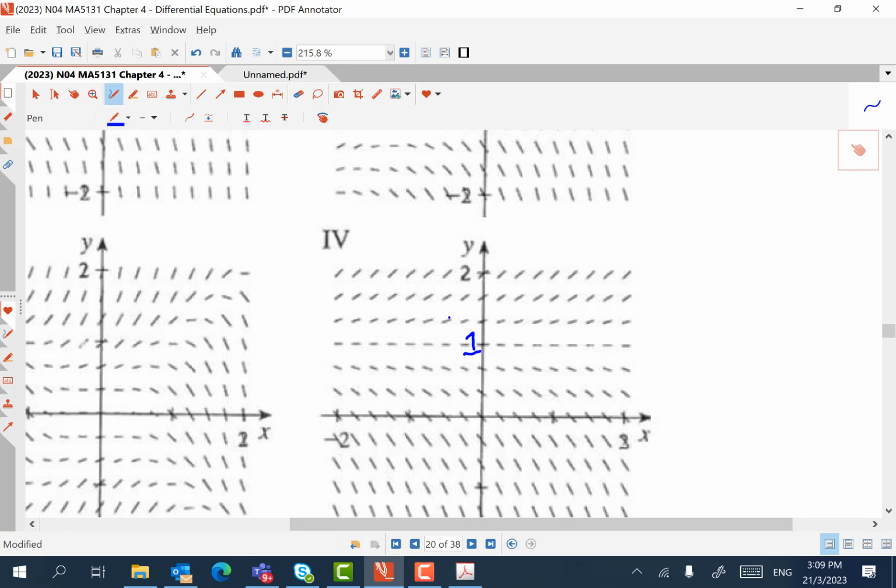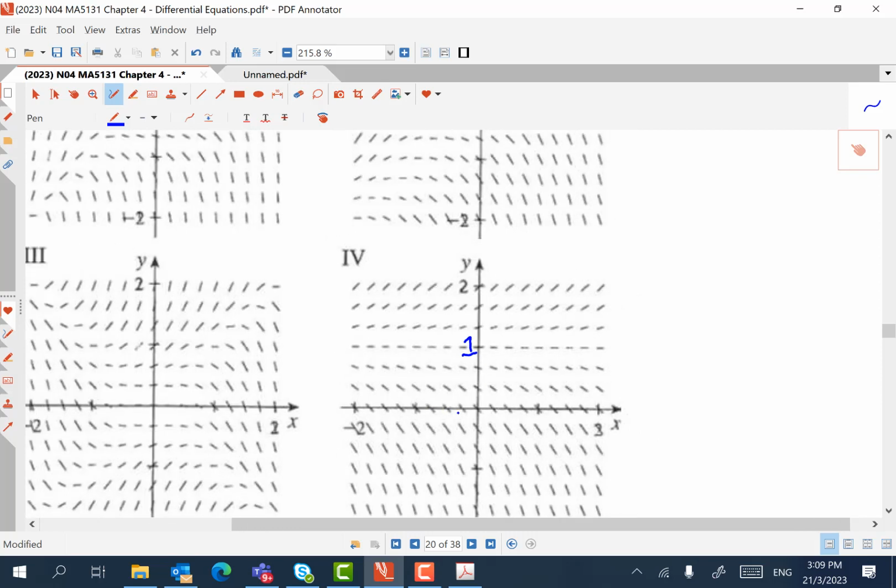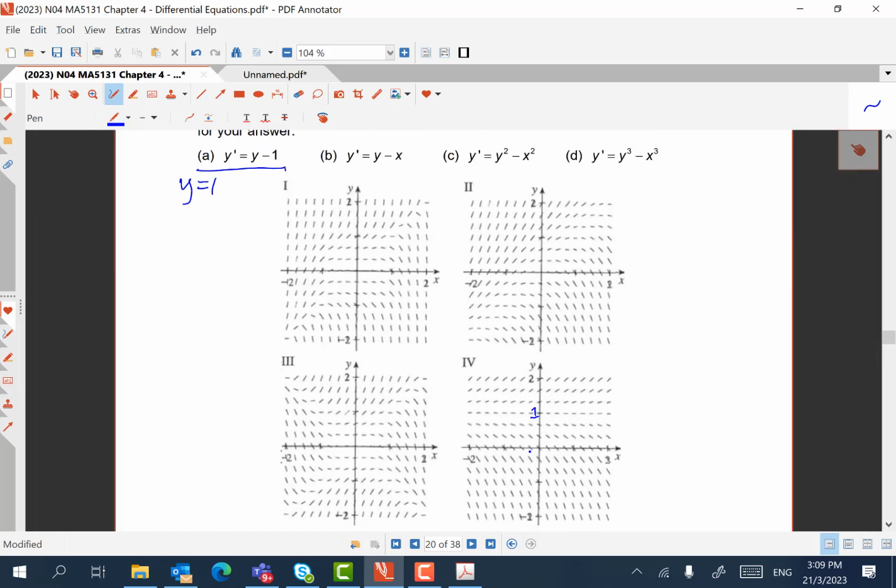This is the only graph among the 4 that has this feature, and therefore I am very sure that the fourth graph matches DE part A. Oh, sorry, I mean part 4.